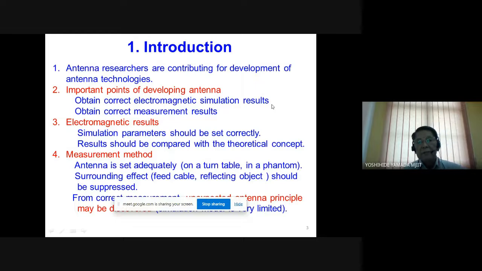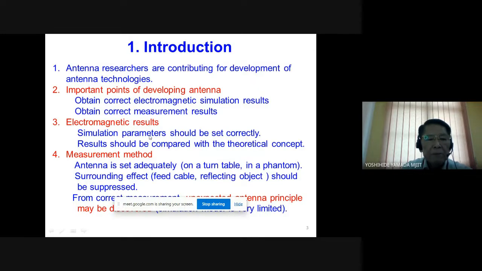And antenna design is completed by electromagnetic simulation. Next, we move to the stage of measurement. At that time, to obtain correct measurement result is very important. So many things should be taken care. So that is today's main subject.